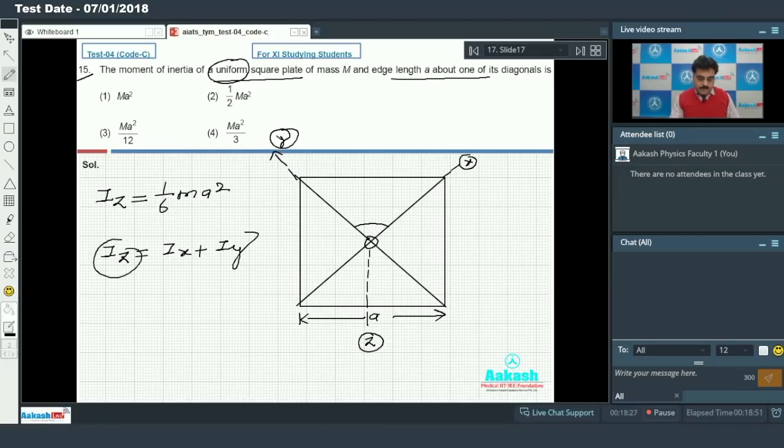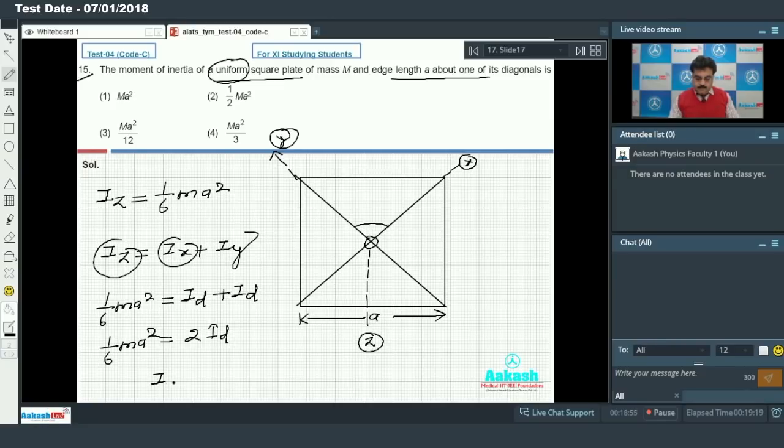The value of Iz is 1 by 6 m a square, as I said, and Ix is the moment of inertia about a diagonal. Iy is also the moment of inertia about a diagonal. So we'll write 2 times the moment of inertia about the diagonal equals 1 by 6 m a square.